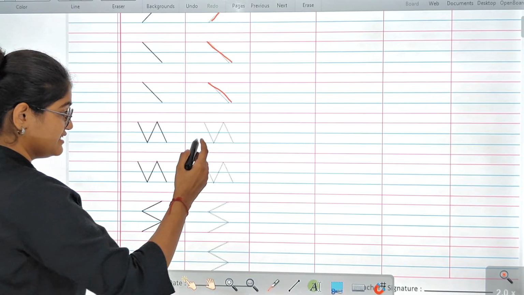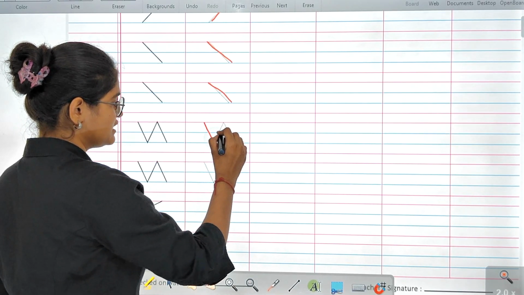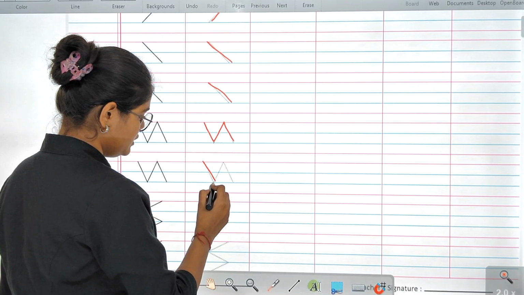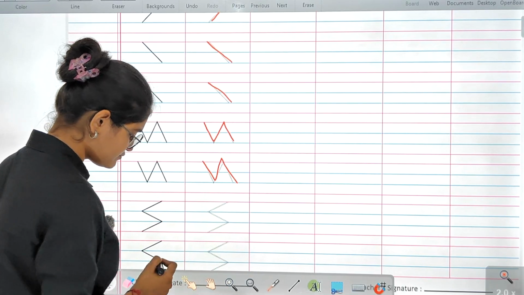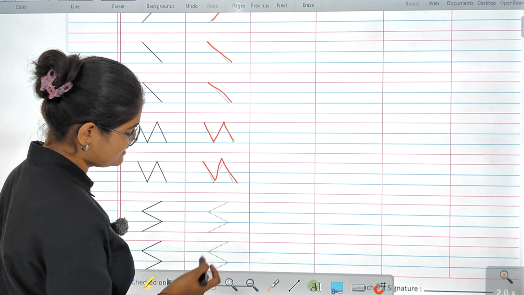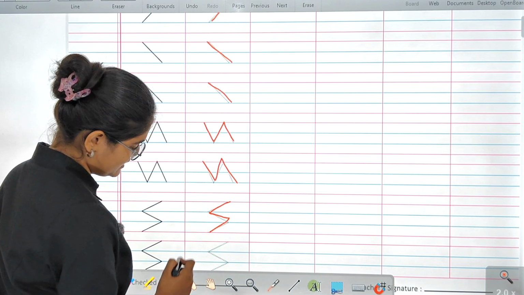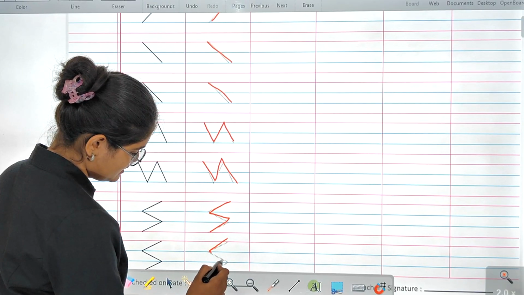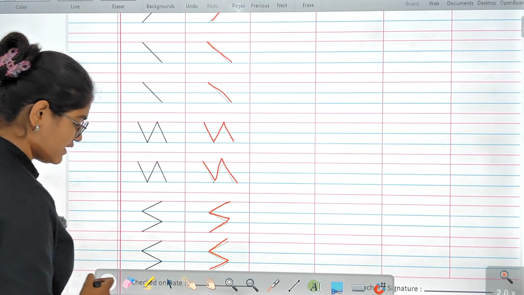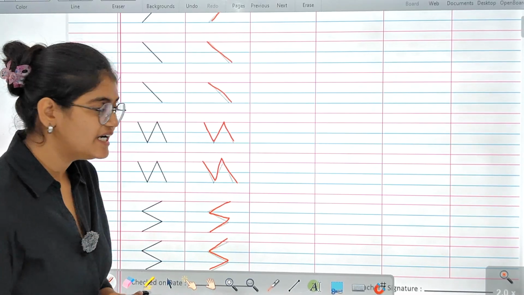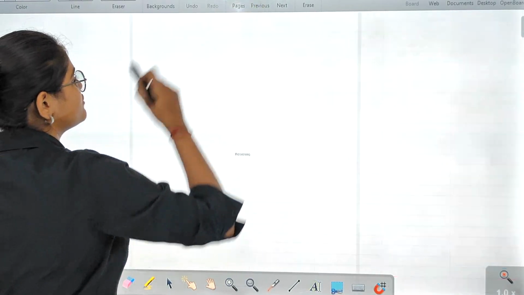Again, the slanting lines in the zigzag form, down, up, down. Again, down, up, down. Again, we have the zigzag lines. And this is how we have learned to make all the patterns by drawing the different kinds of lines. Now let's move ahead.